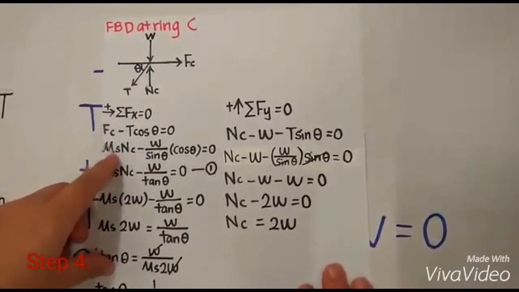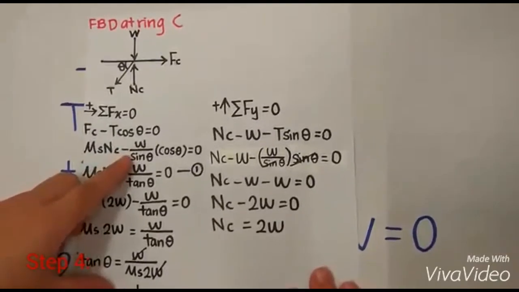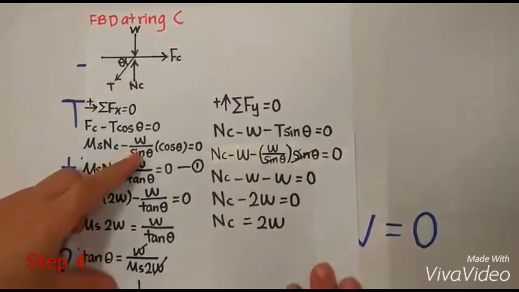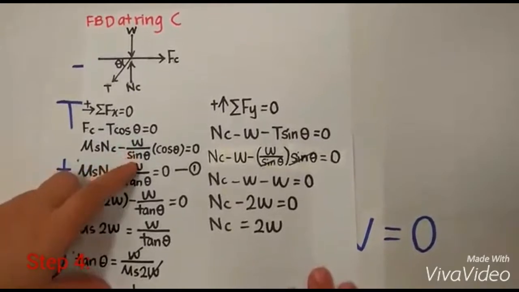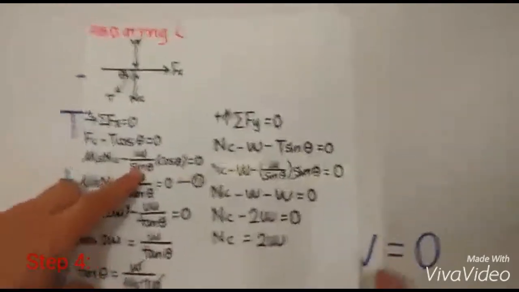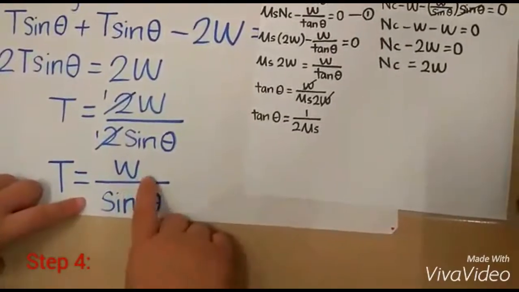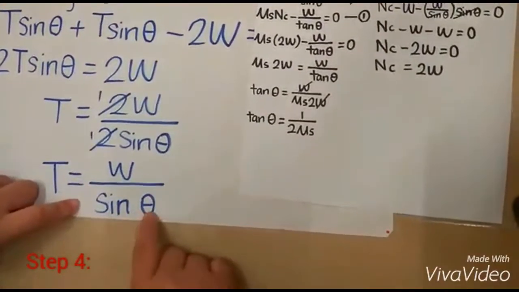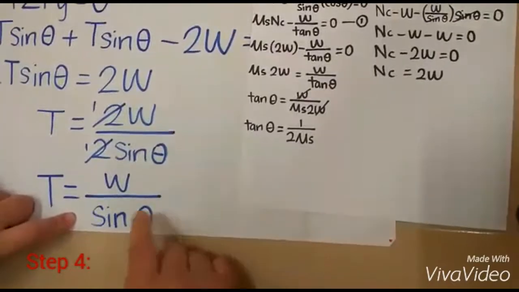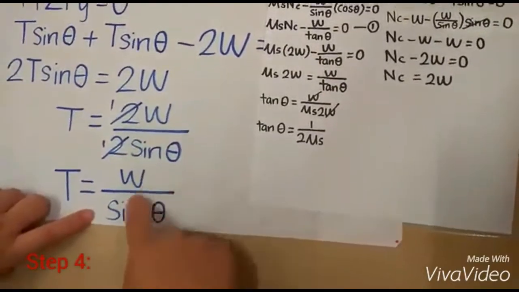So we can write it out: mu S Nc minus, why do I write W over sine theta? This is because in the first one we got T equals W over sine theta. So we just substitute T equals W over sine theta into this.